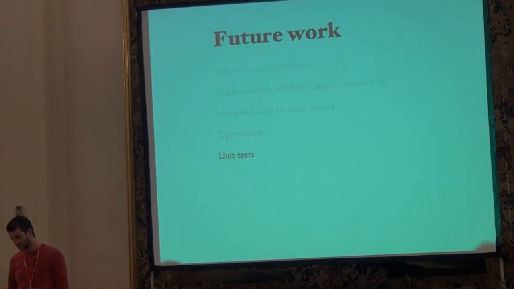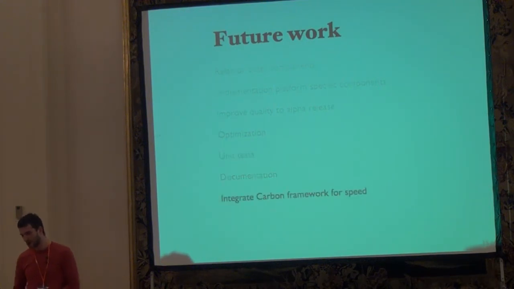Optimize. Add unit tests. At the time when I started to work on this, there was no testing framework for Titanium, so I just skipped that. But now, let's say some people use some testing frameworks. I'm not sure how good they are, but hopefully I will try it. Write some documentation and integrate the Carbon framework for speed.